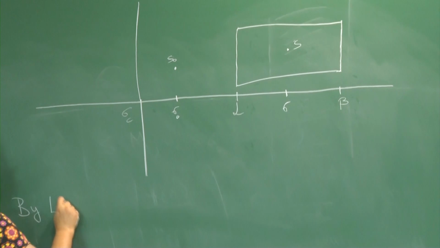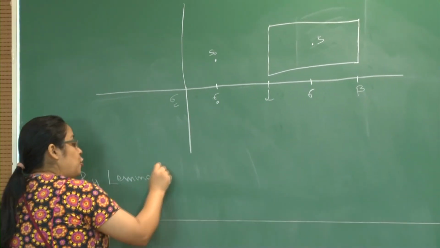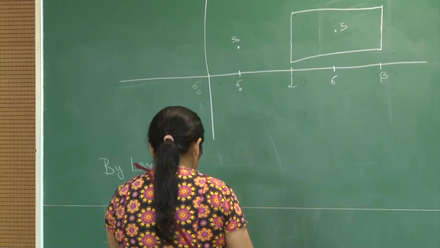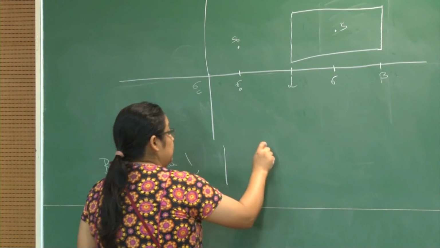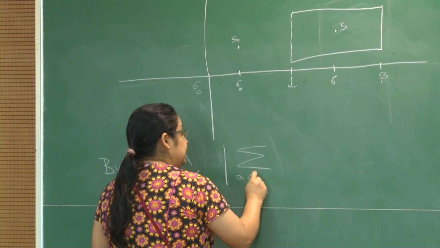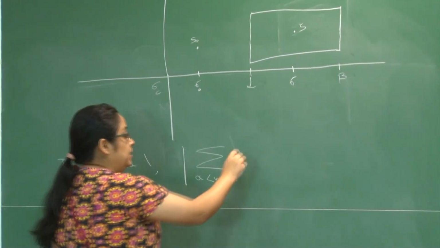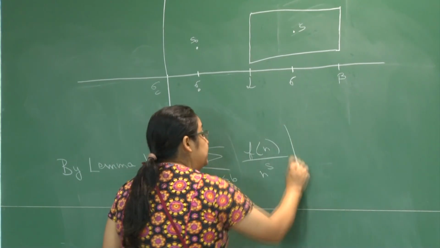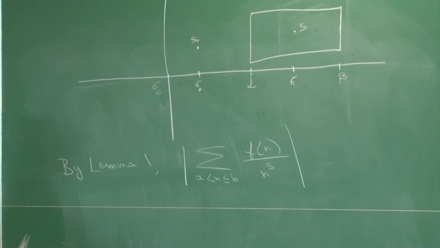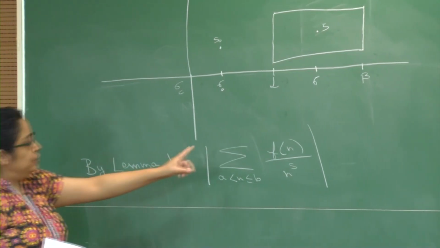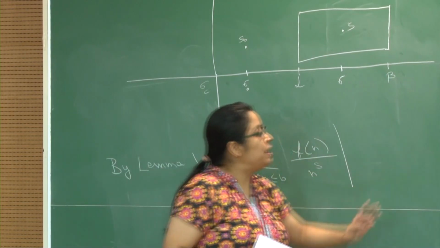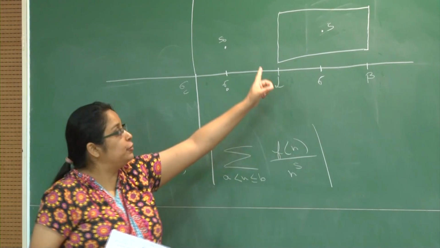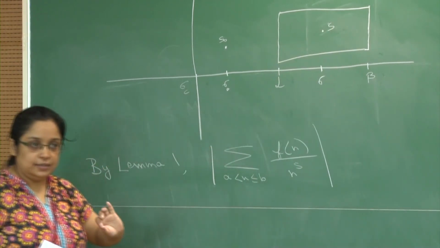By the application of your partial summation, suppose you have the sum over a less than n less than or equal to b, f of n over n raised to the s. Okay. What we want to show is that there are uniform bounds for these which do not depend on the choice of s. They will work for any s in this rectangle, right?